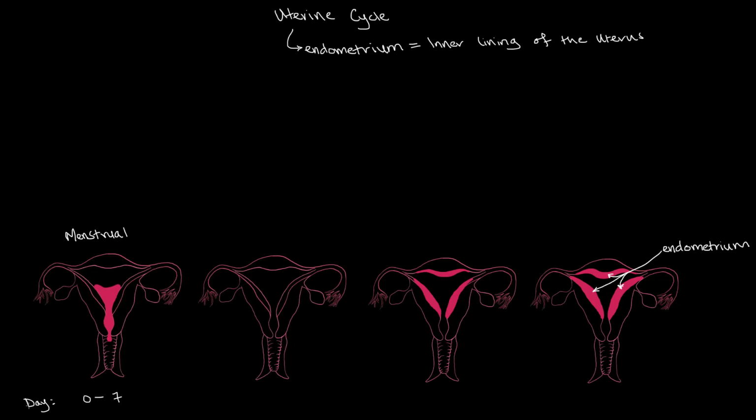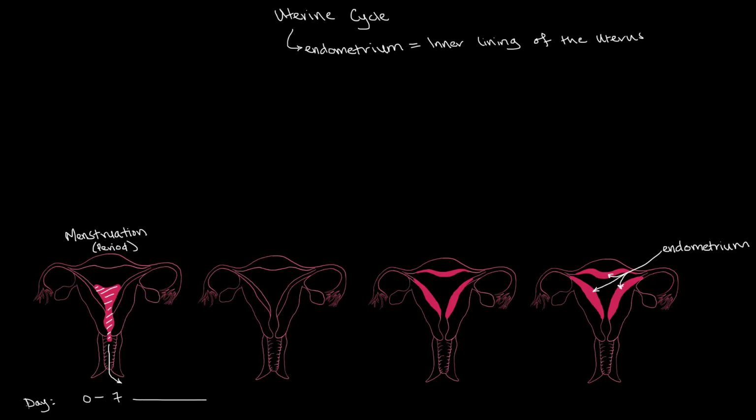And this would just be a woman's period. This is just when she would lose her endometrial lining. And this usually takes between 1 to 7 days for her to completely lose her endometrial lining.